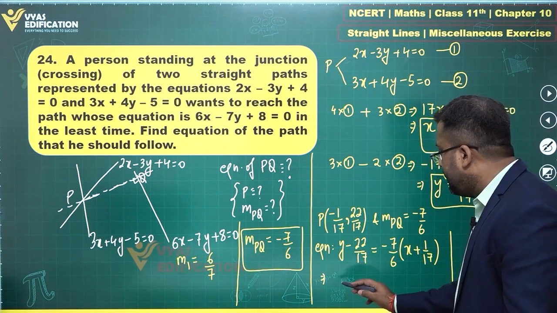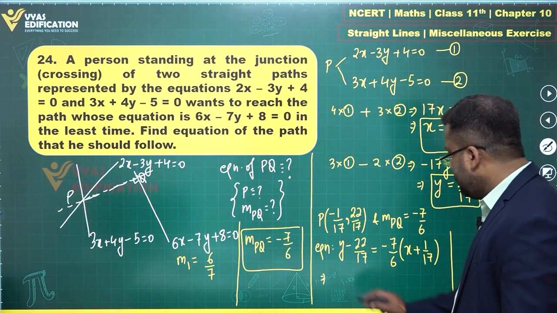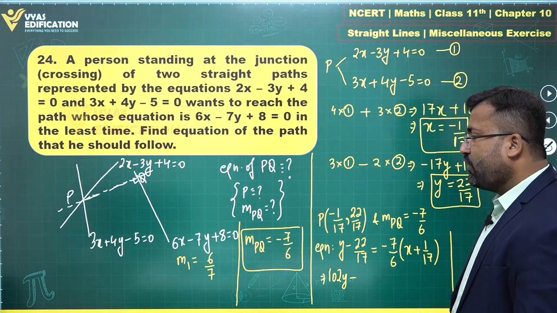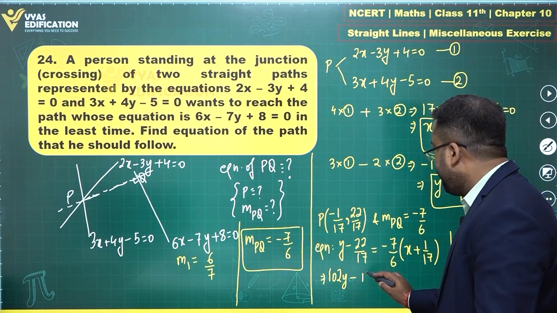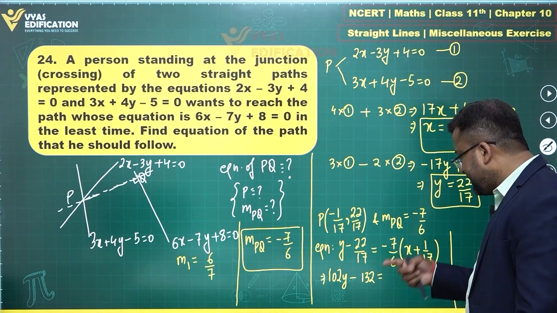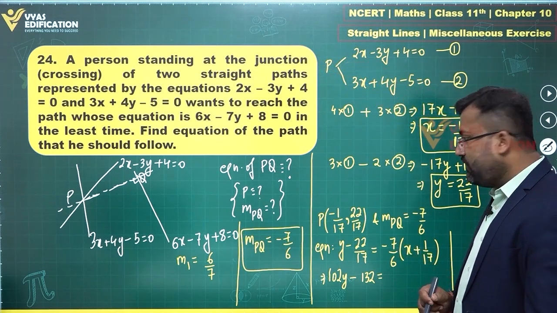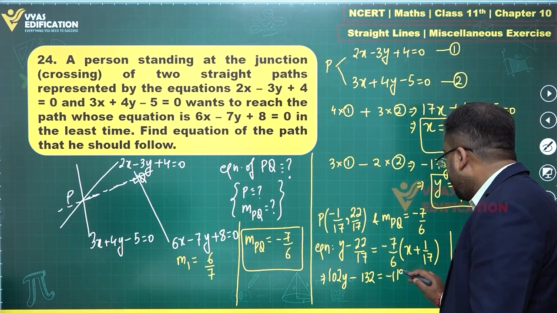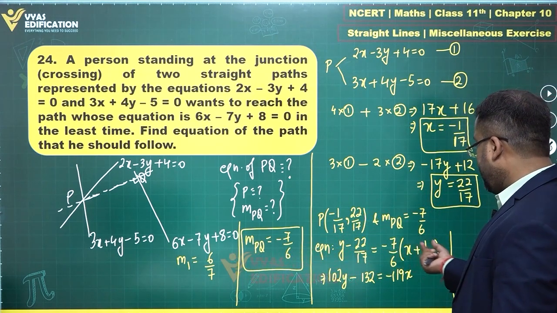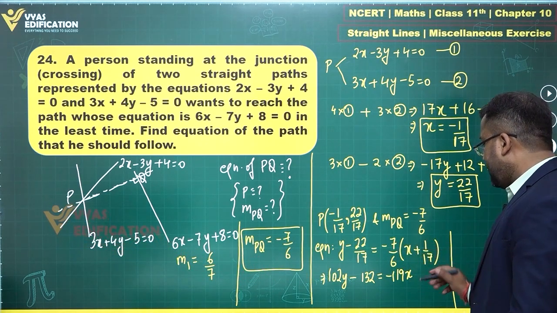17 times 6 is 102. So this becomes 102y minus 6 times 22, which is 132. On the right, 6 is gone, and I multiply by 17: 17 times 7 is 119, so this is minus 119x, and then minus 7.